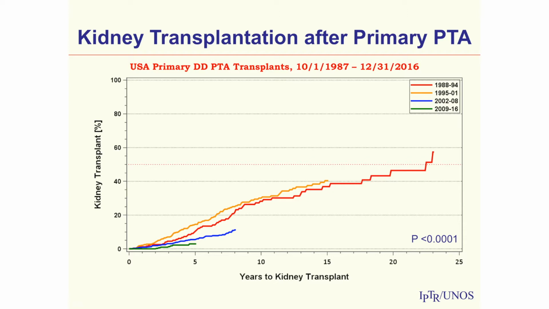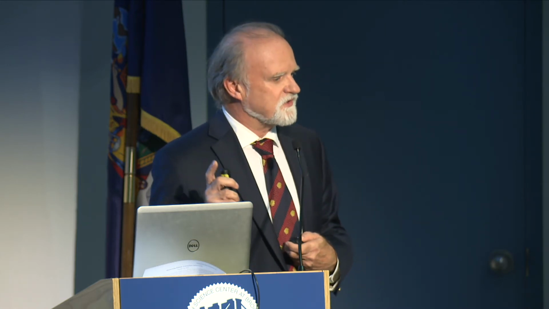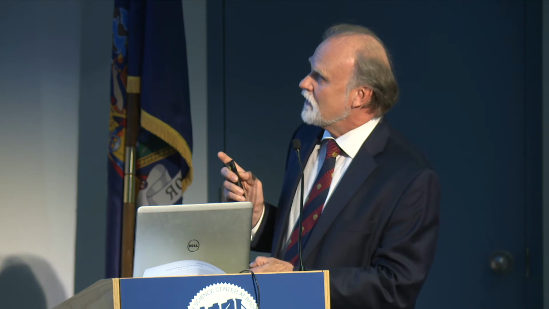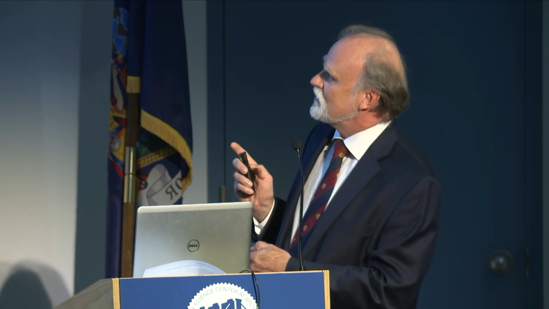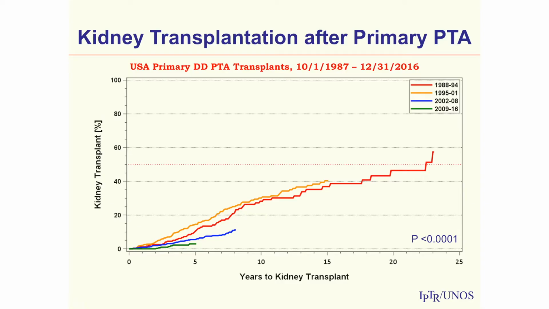If we look here at the number of years, look at 15 years, during the period of 1988 to basically 2001, about 40%, 2/5 of all patients undergoing a pancreas transplant later required a kidney transplant, because the kidney function was not only destroyed by their diabetes, but also by the side effects of the calcineurin inhibitors. Now this year, if we extrapolate it, it's going to be probably about 20%. So we have made progress, there is no doubt about it.